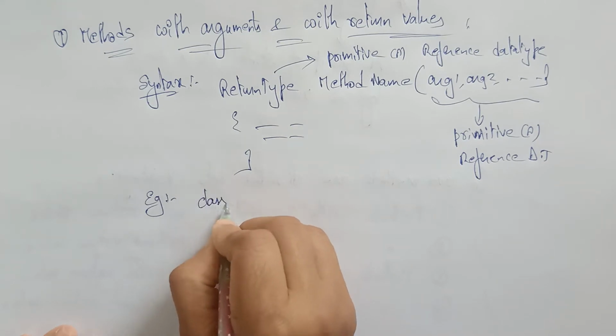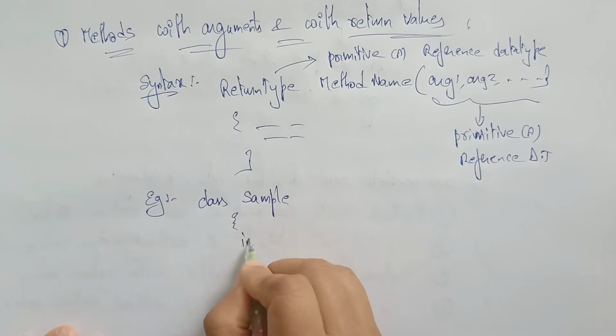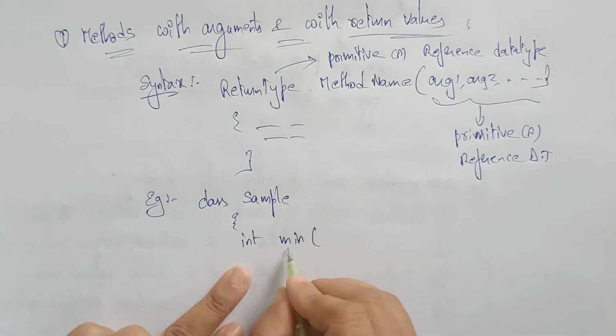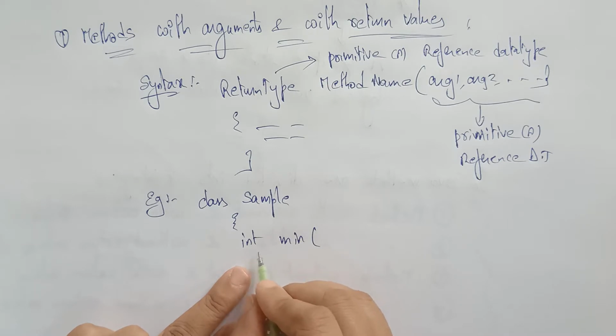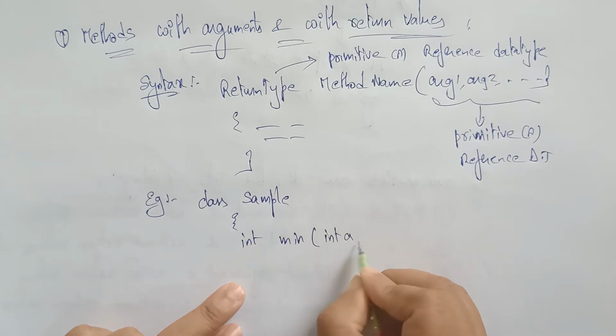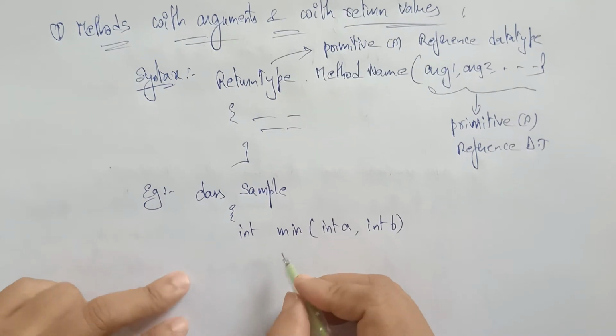Class Sample is the class name. Int minimum, here I'm writing the method. Int is the return data type, the data type integer. Minimum is the method name, and the arguments are int a, int b. So a method with arguments.